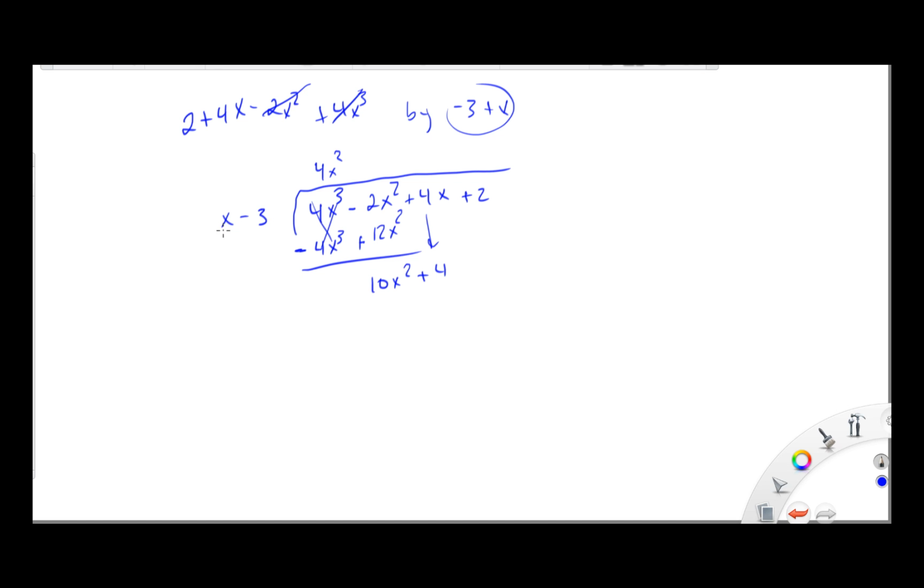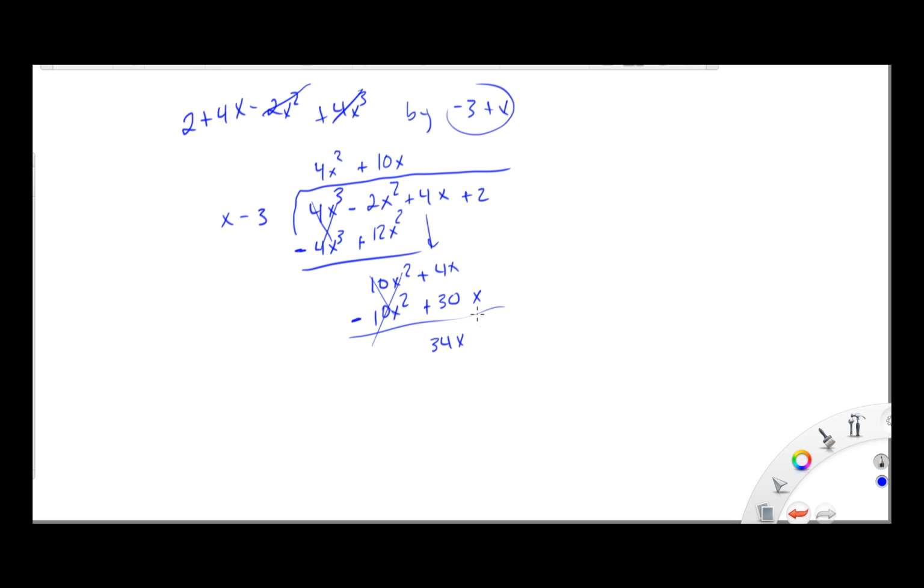What's next? How do I get that? I'm going to multiply by 10x, because 10x times x is 10x squared, and then I've got minus 30x. I'm going to change the signs. Now this is done.